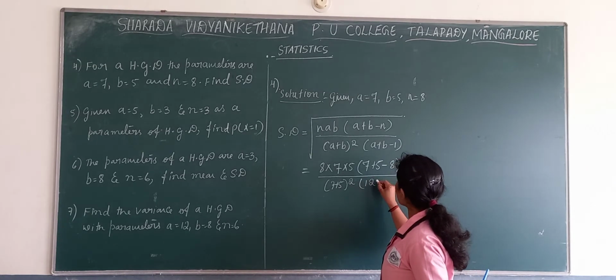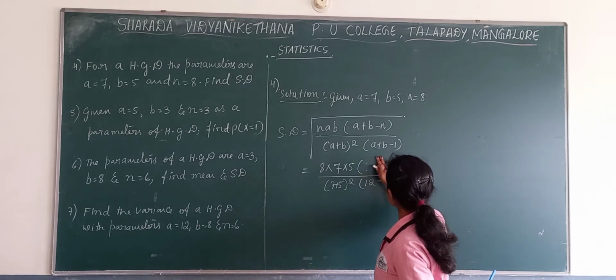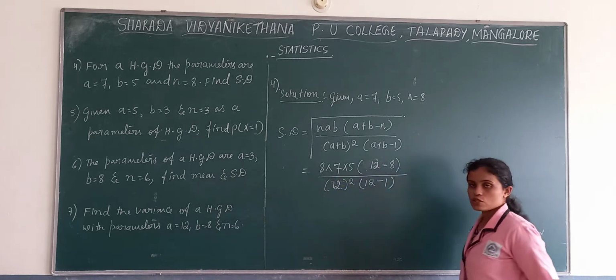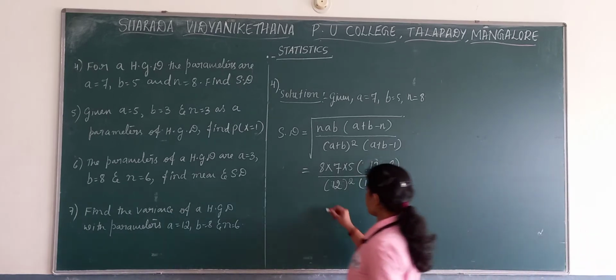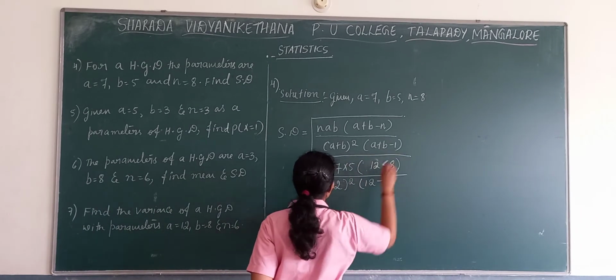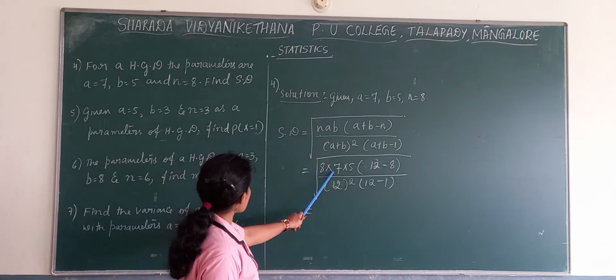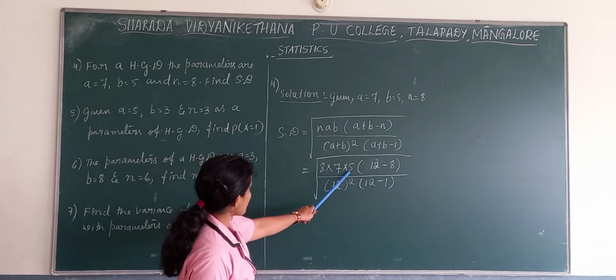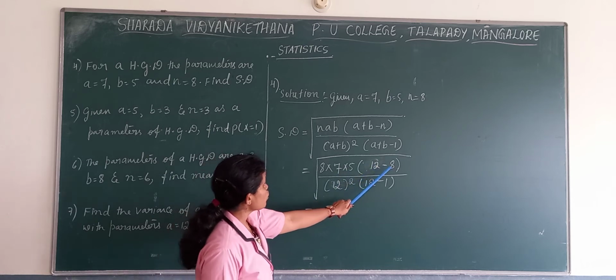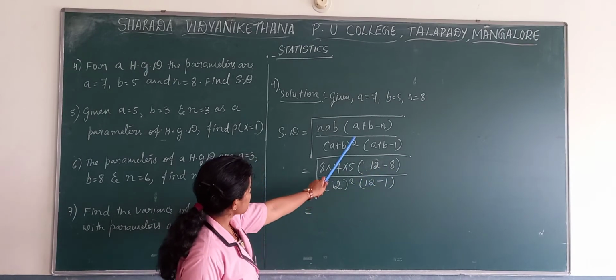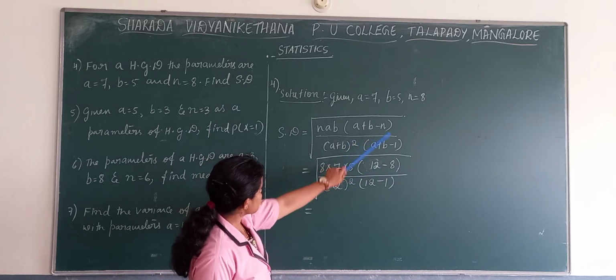So 12 minus 1. Here also we can write directly 12 minus 8, and here 12 square. Now the root. We need to multiply 8 into 7 into 5 into 12 minus 8, where a plus b is 12 and n is 8.